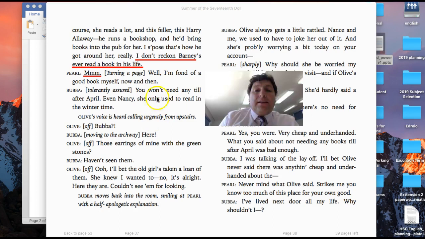And Bubba says, you won't need any. You won't need any. As in, this is the real life. This is not a place that's bookish and intellectual. This is a place where we drink, we have fun, and we party. You will enjoy this. And, of course, the insinuation is that that's not going to be the case for Pearl, and, of course, that turns out to be quite true.